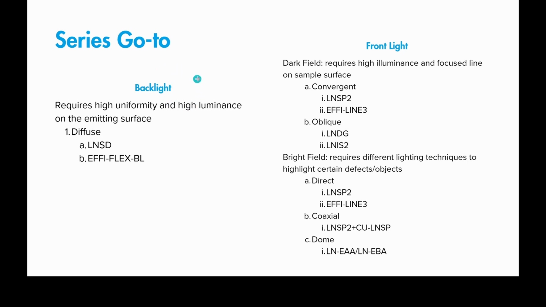If you need a backlight for your application, our typical go-tos are going to be the LNSD and the FE Flex BL. The difference between choosing these two is going to be the length. If it's a really long light, then maybe the FE Flex BL is your best option. One caveat to shipping really long lights is it gets expensive quickly once your light gets above a certain size.